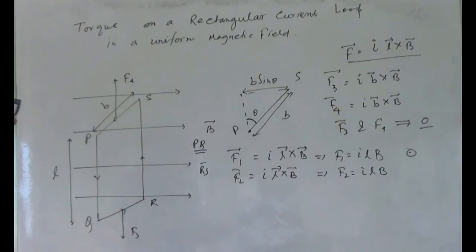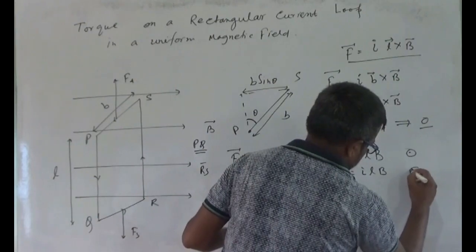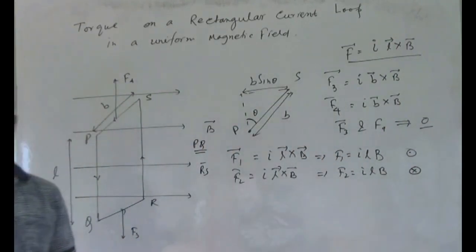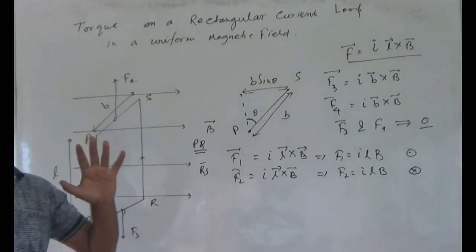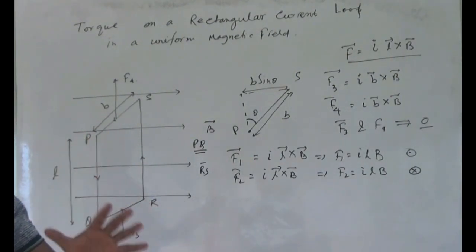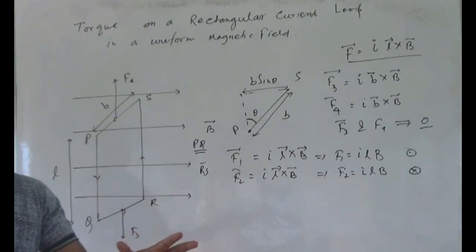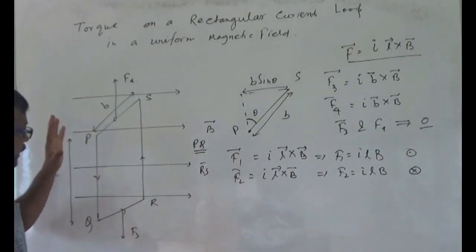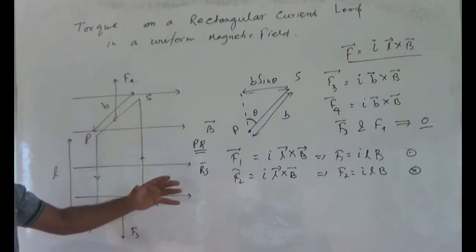Therefore, the direction of this force is into the board. Now again, F1 and F2 have the same magnitude and opposite direction. So the net force is 0. Therefore, the net force on this rectangular loop is 0.